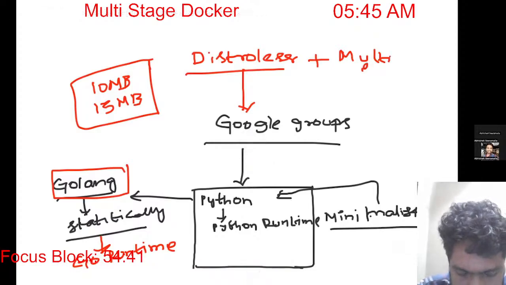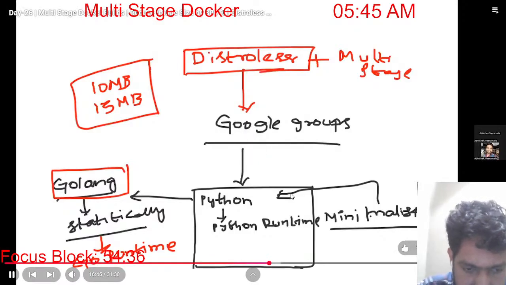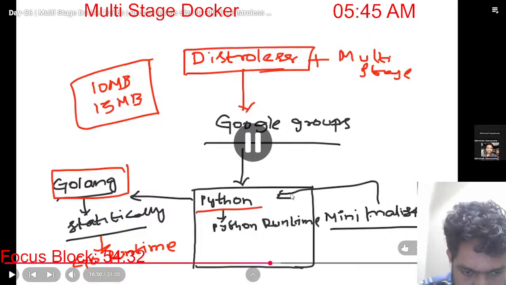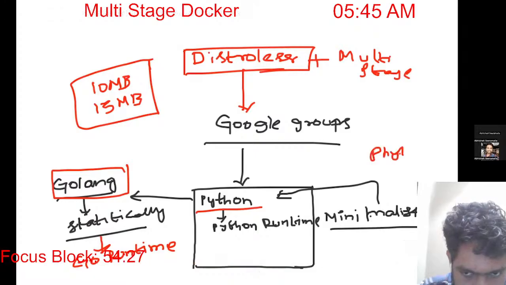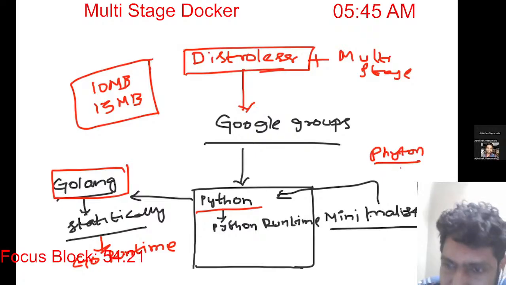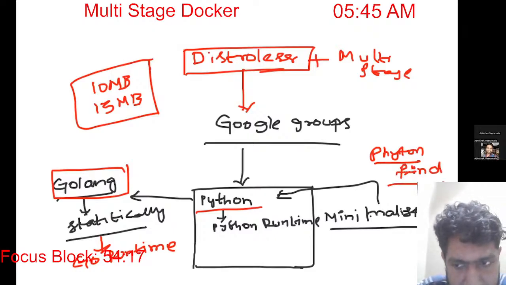A distroless image is a very minimalistic, lightweight Docker image that has only the runtime environment. If you choose a Python distroless image and try to use a shell command like find, you'll get an error saying the find executable is not found.